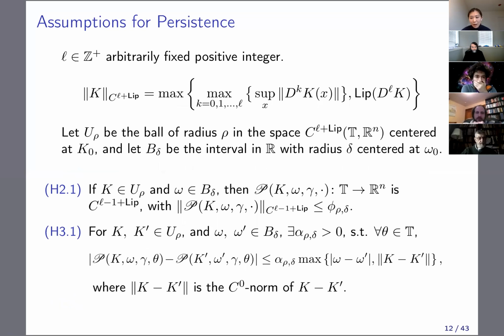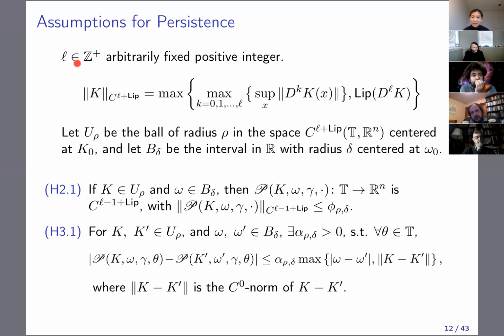Now let us talk about assumptions on the perturbation term. For any given positive integer L, we are going to consider the space we will call the C^L plus Lipschitz space, which contains functions which have bounded derivatives up to order L, and the L-th derivative will be Lipschitz.